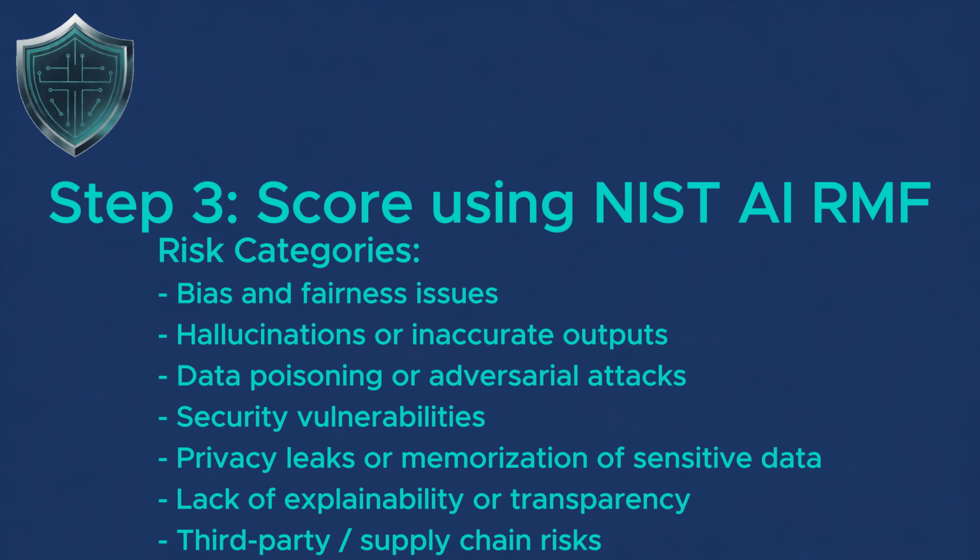Then look at the specific risk categories from the NIST AI RMF. Bias and fairness issues. Hallucinations or inaccurate outputs. Data poisoning or adversarial attacks. Security vulnerabilities, prompt injection, model extraction. Privacy leaks or memorization of sensitive data.